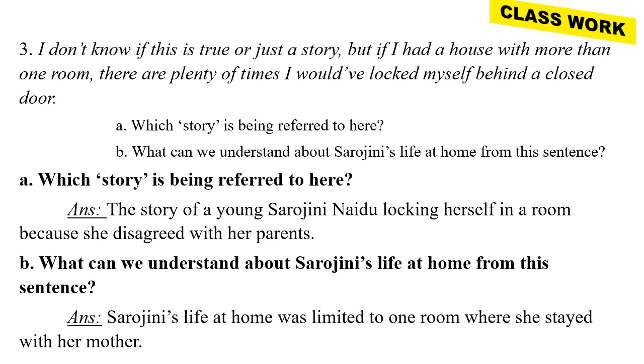Next one, what can we understand about Sarojini's life at home from this sentence? Okay, Sarojini's life at home was limited to one room where she stayed with her mother. Their house has only one room.